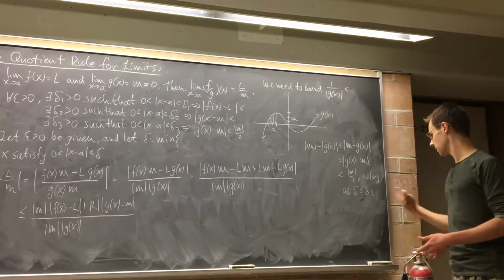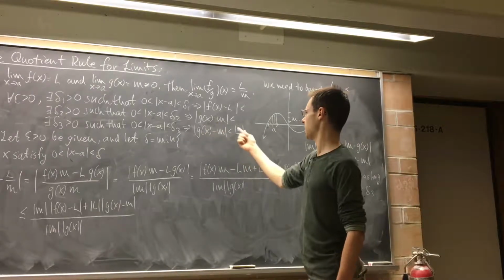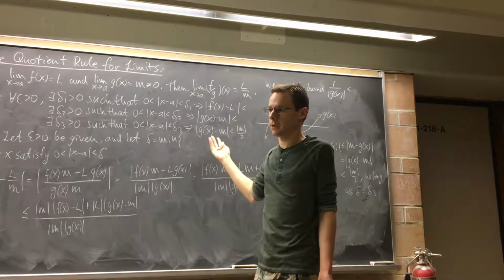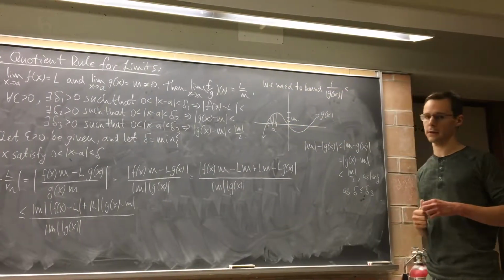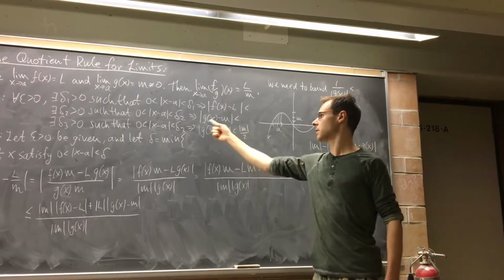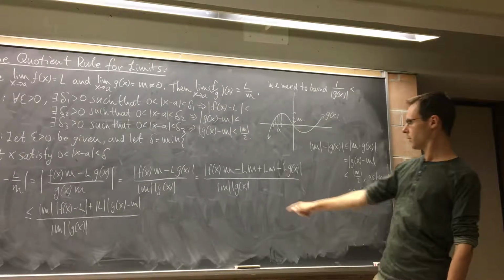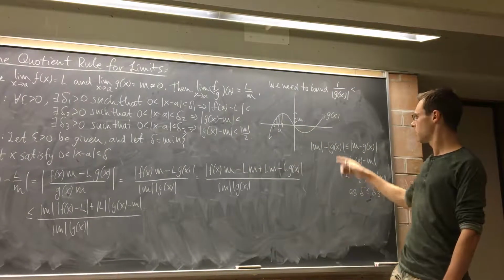All we can say is that there exists a delta 3, which makes this situation happen. And we don't really know what delta 3 is in terms of a, because we don't know g. But we don't need to know that. All we need to know is that there exists a little delta 3, which makes this work. And as long as our delta, the one we're going to use in the proof, is less than or equal to that new delta 3, we're good.